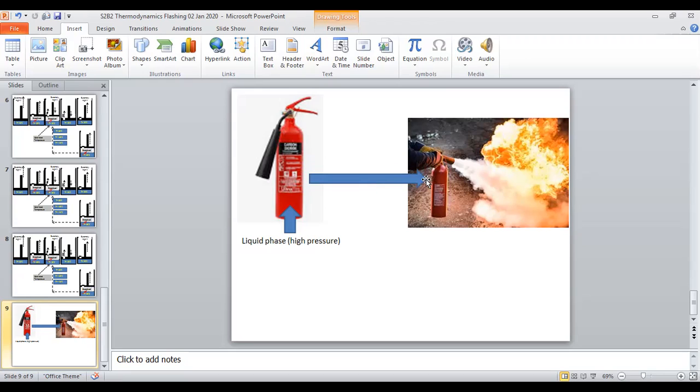At the time of using, let's say if we think of normal boiling point.